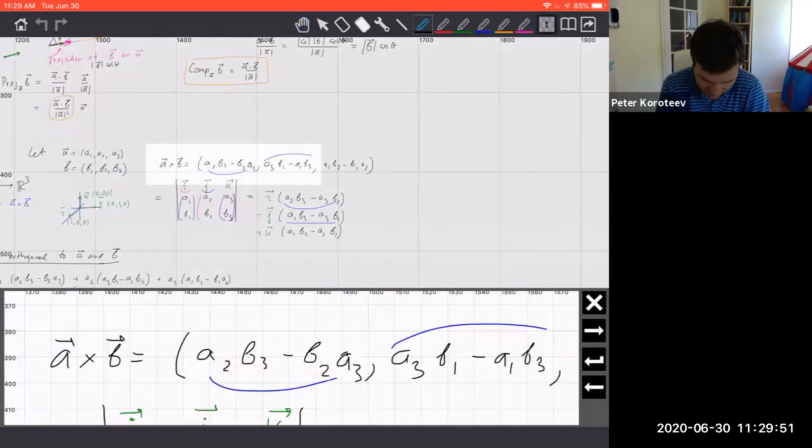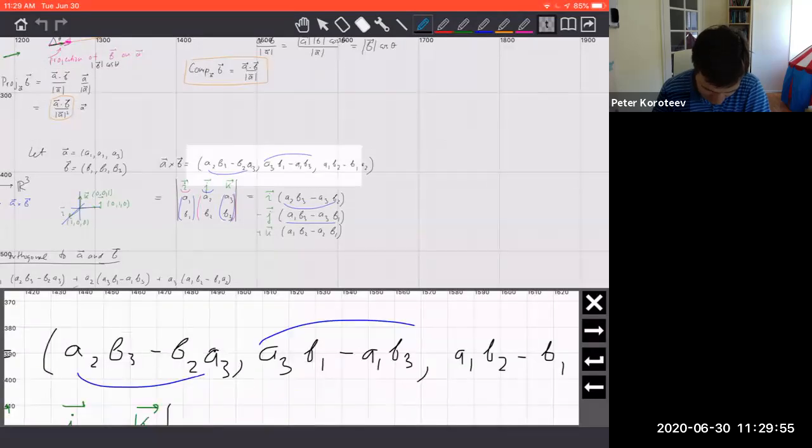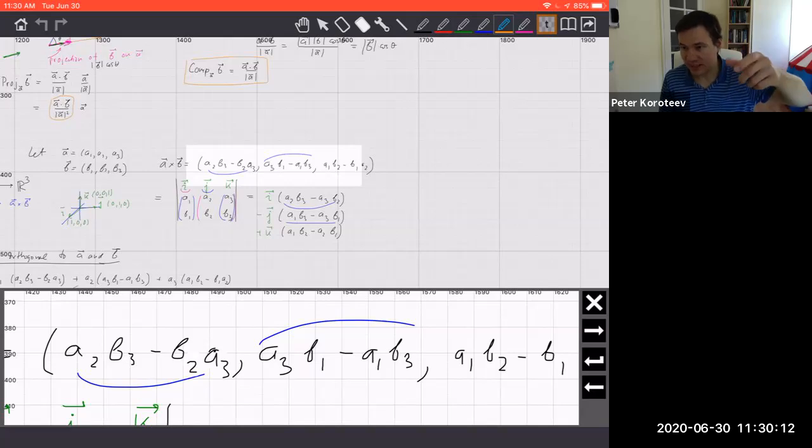So Talia, look here. A cross B is this, and every component, every term, has a difference, such as A2B3 minus A3B2, A3B1 minus A1B3. Now when you swap B and A, you swap the two vectors.